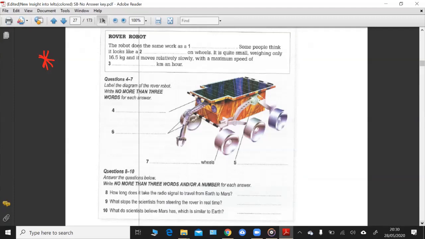Yes. So what part is number 4? What do you think? Solar. Yes, someone said solar, right? So what is this thing at the roof, kind of a roof of this robot? What will this be called?